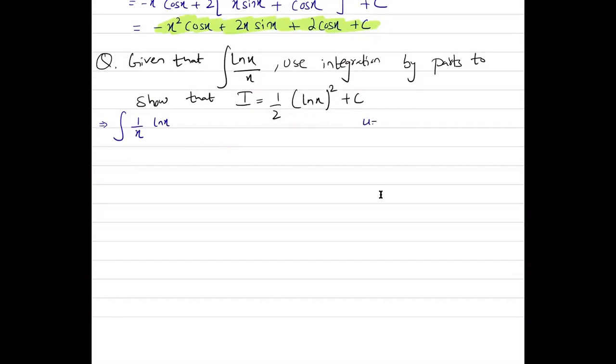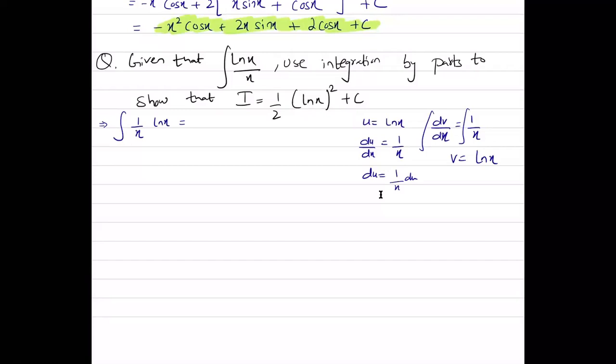So u is going to be ln x, and derivative of v can be taken as 1 upon x. If I find the derivative of u, I'm going to get 1 upon x. So du comes out to be 1 upon x dx. If I integrate v, what is the integration of 1 upon x? ln x. ln x, very good.